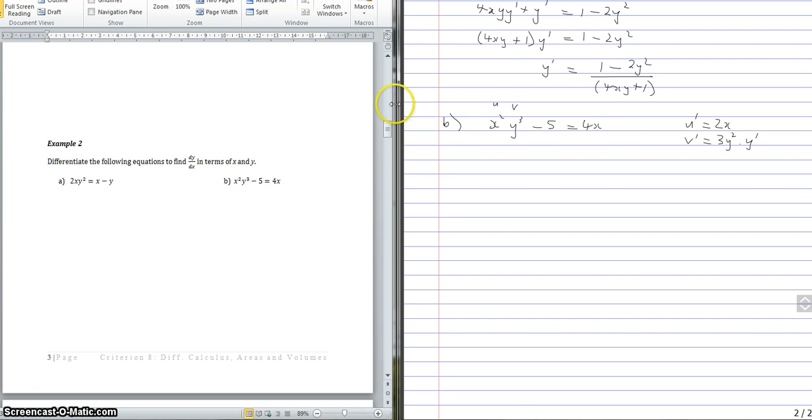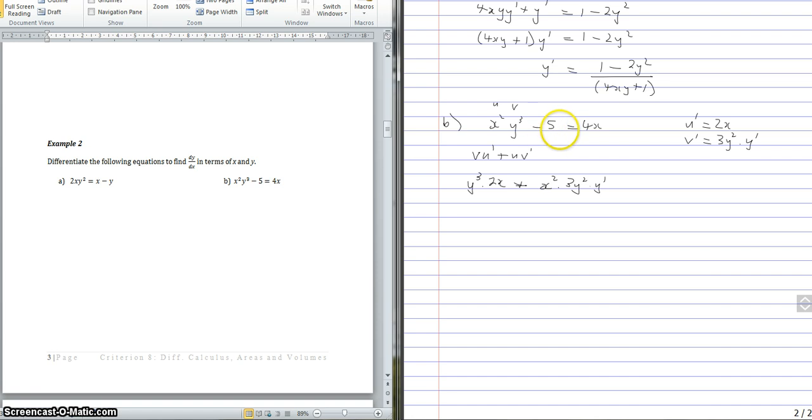So on the left hand side, when we differentiate, we're going to apply our product rule, vu dash plus uv dash. So v is y cubed, times u dash, which is 2x, plus uv dash, u being x squared, times v dash, which is 3y squared times y dash.